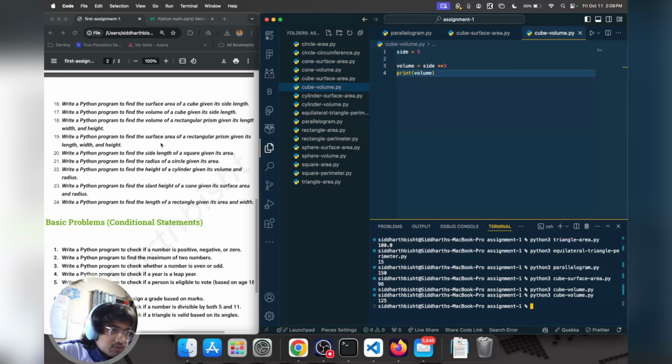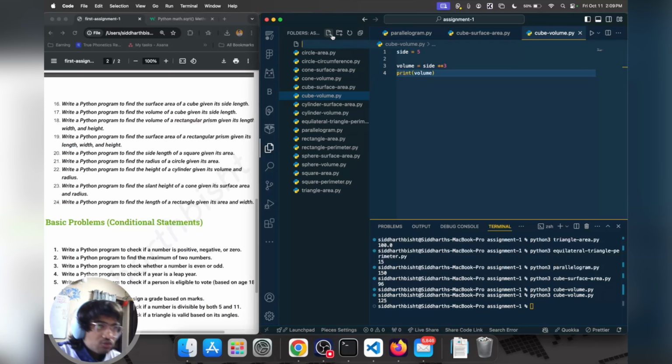Simple. Next program. And I hope you are pausing the video and solving it yourself. Otherwise, this is of no use. 18th one. Write a Python program to find the volume of a rectangular prism given its length, width, and height. Now we have a prism of which we have to find the volume.